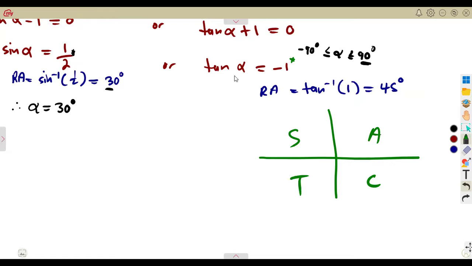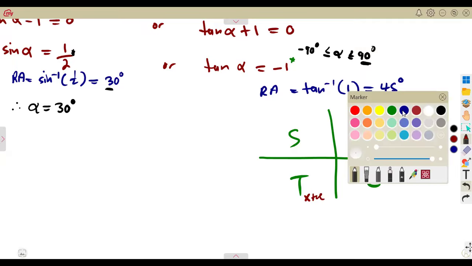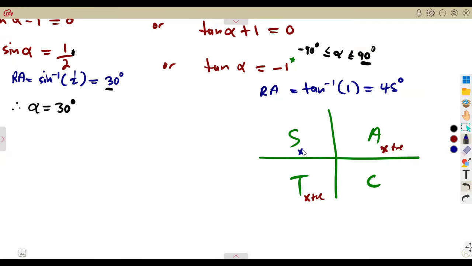Where is it that tan is negative? Tan is positive in this quadrant and in the first quadrant. So it means it will be negative in the quadrant where sine is positive and where cos is positive.